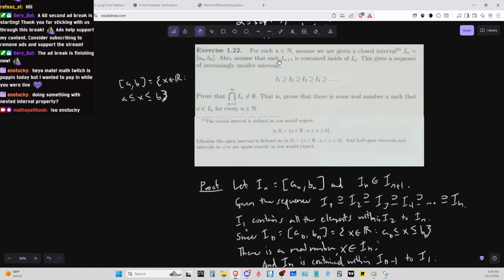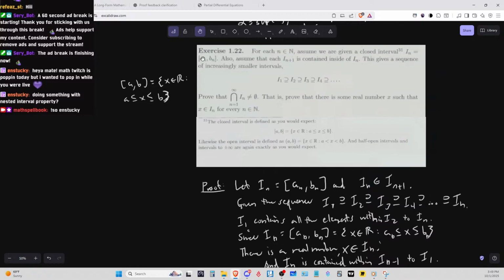Because it says I_{n+1} is contained inside I_n, and that is supposed to indicate that the left side is increasing and the right side is decreasing, and I'm like, wait, what? I don't see how those two relations are actually equivalent.